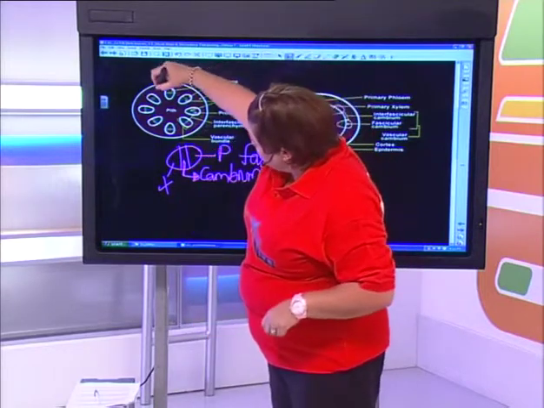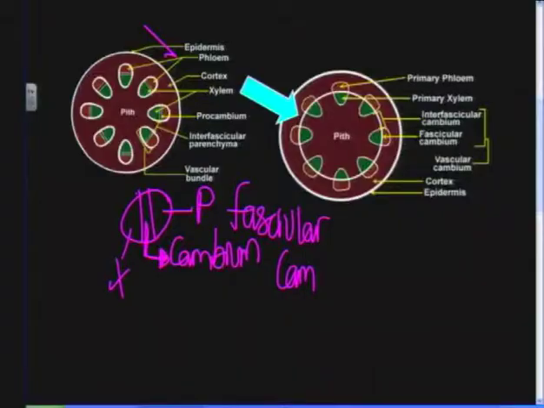Now, if you notice, each of these ones is separate. Although they are arranged in a bit of a ring, we don't see a continuous ring. Now, what happens is, in between these areas over here, I'm going to use a different color pen, there are little parenchyma cells.